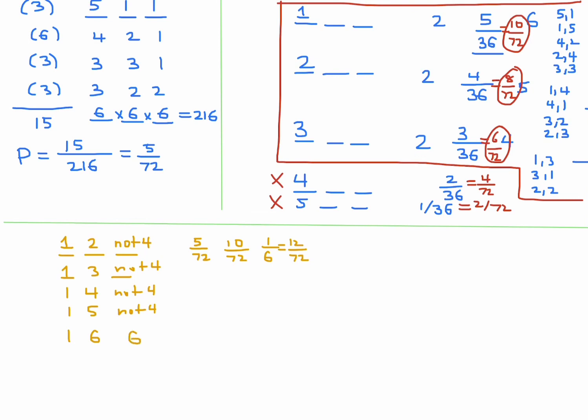Any other scenario would actually be very similar to this. I don't want to keep drilling this home, but for example, if I had a 1 and a 6 and then a 1, well, that's very similar to this right here. It's just one different. All I have to do is pick this up and roll again.